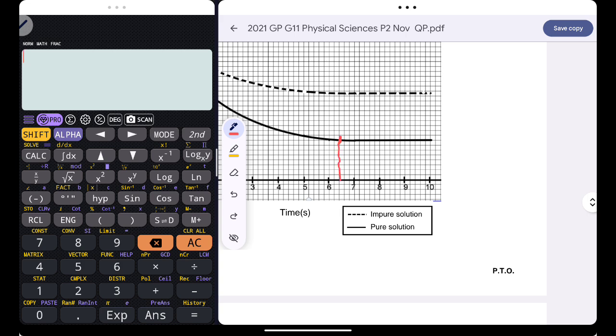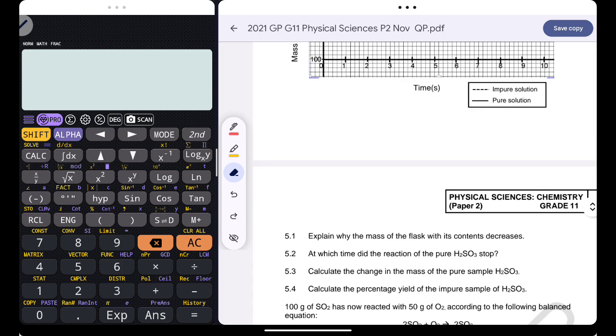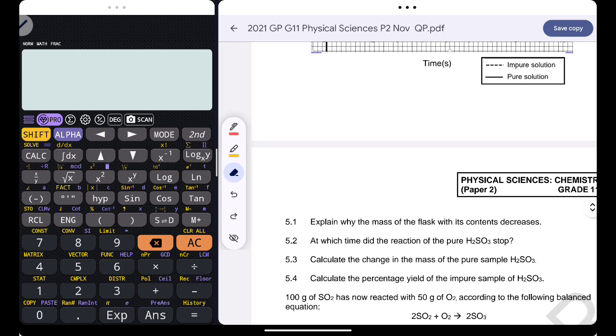Yes, it started to be flat, no? 6, 6.2, 6.4, 6.6, 6.8, and 7. That place there is 6.4 seconds. So the pure sulfurous acid decomposition stopped at 6.4 seconds.